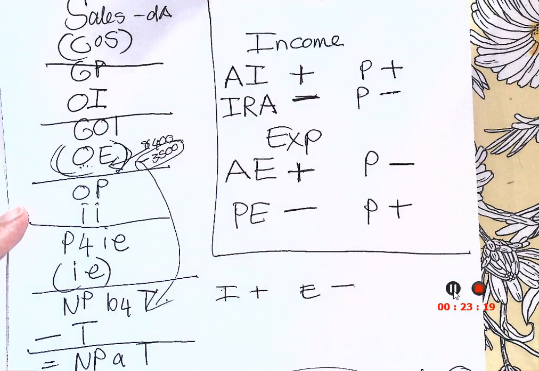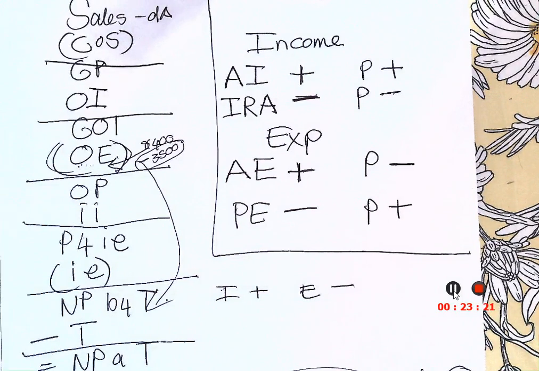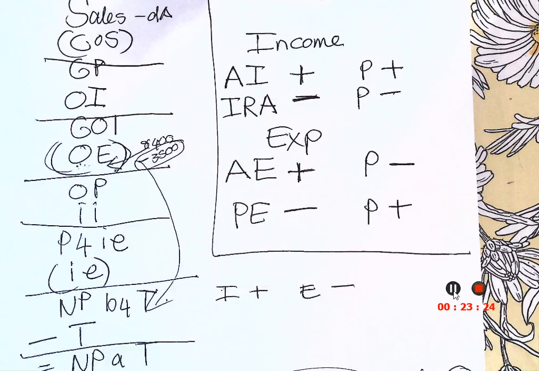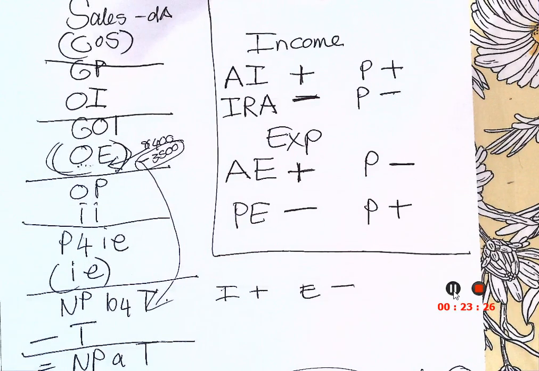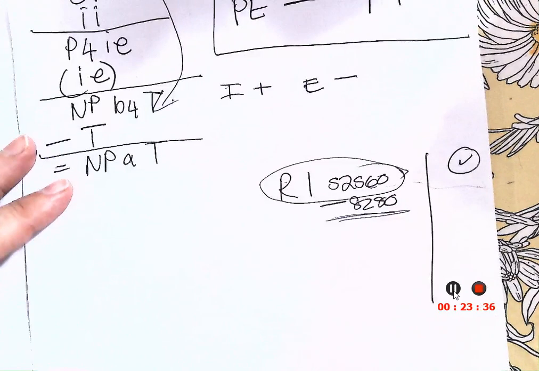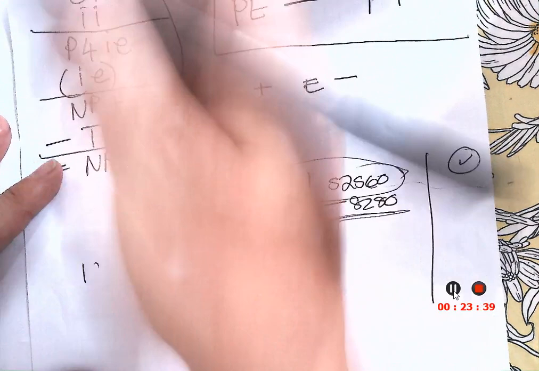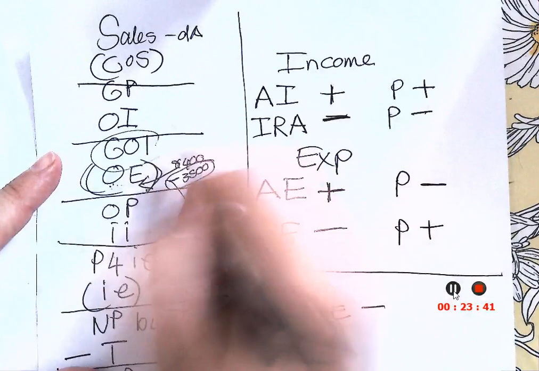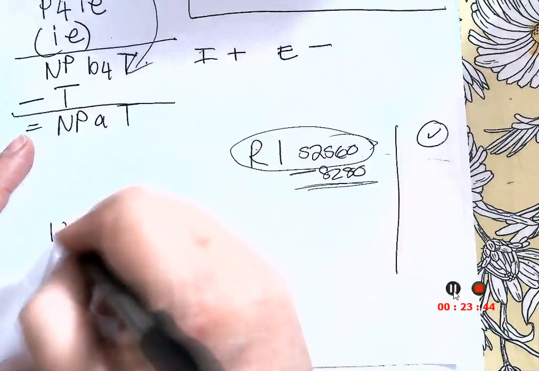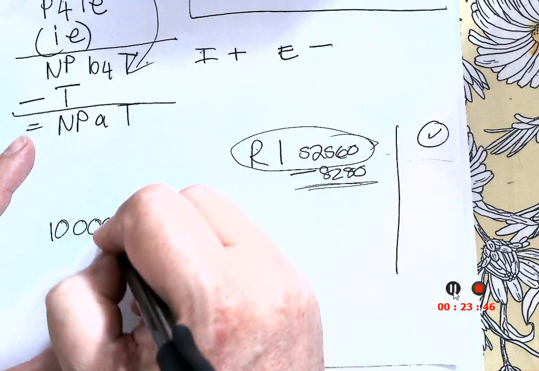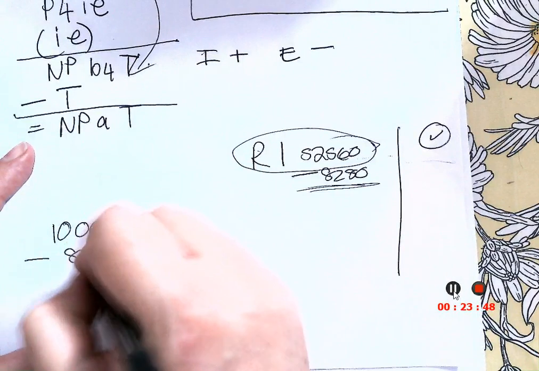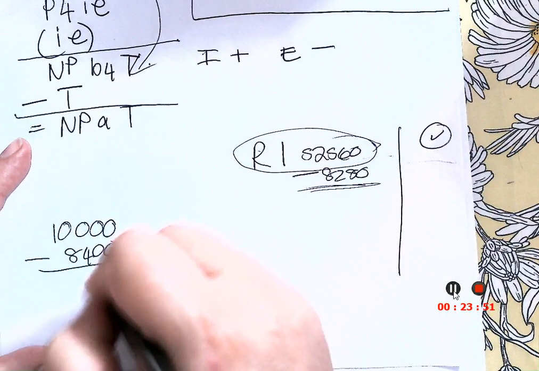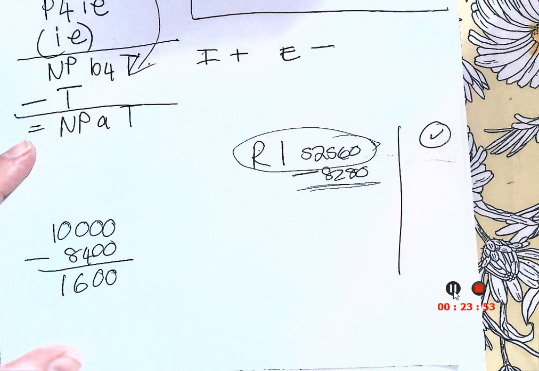We are minusing, meaning what happens? If my expense minus, it becomes less. It means my profit is actually more. Let me show you. Let's work from a basic. Let's say my gross operating income was 10,000. If I subtract 8,400, it gives me 1,600.